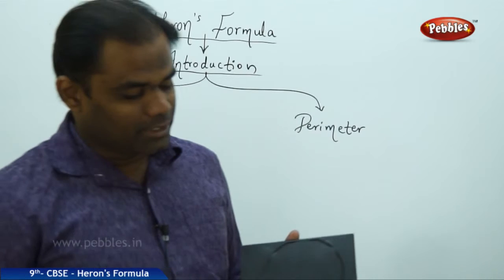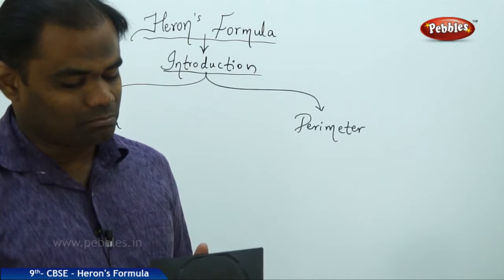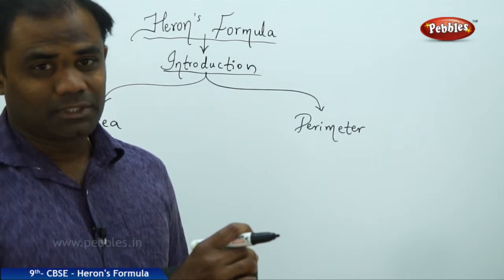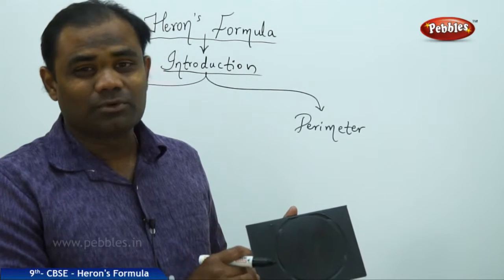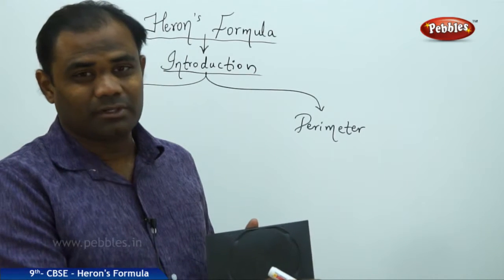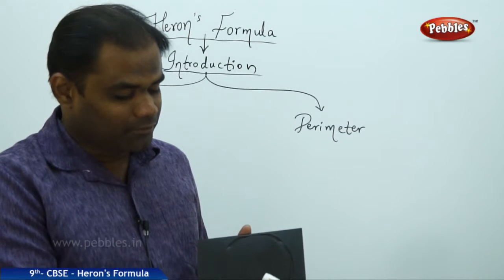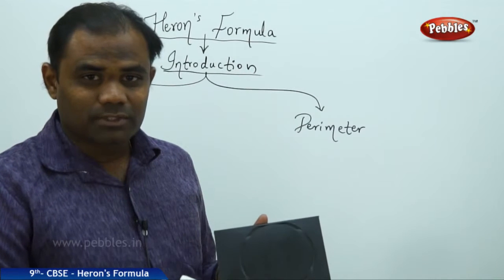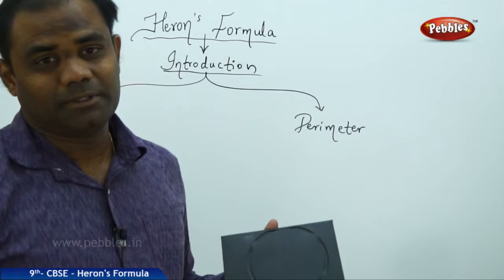Imagine, for example, an ant starts from here and moves along this edge, then along this edge, and then along this edge, and the same ant makes a journey all the way around all four sides until it reaches its initial position. That journey is nothing but the perimeter.